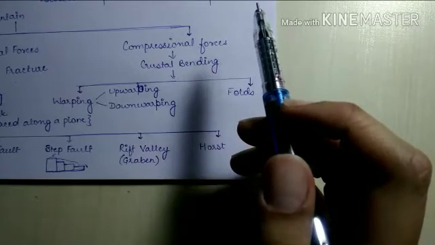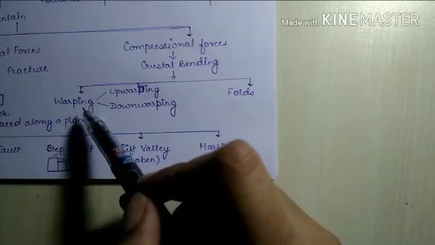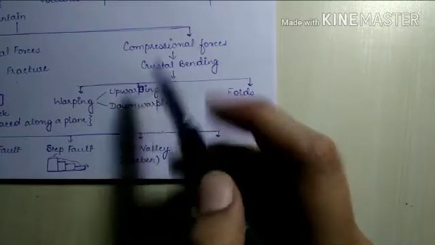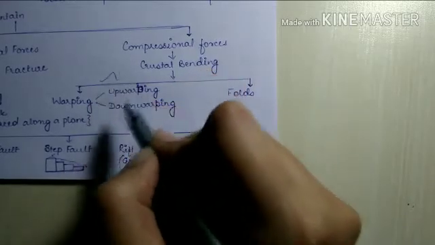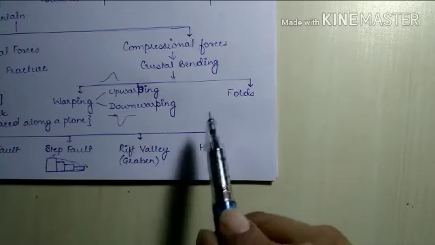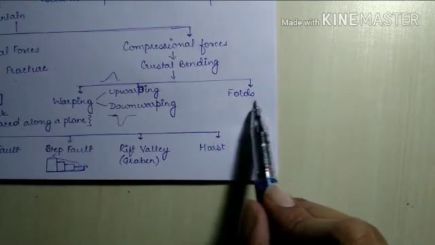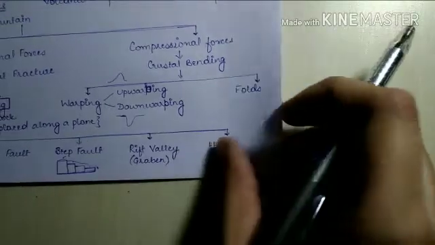So the crustal bending is in two forms, that is warping. Warping is of two types: upwarping, that is the crust will upwarp, or downwarping. Okay, and the second is folds. So folds are more important. So now we'll study about folds.